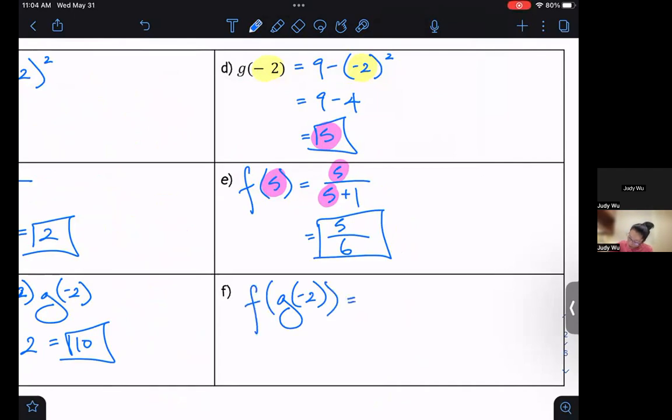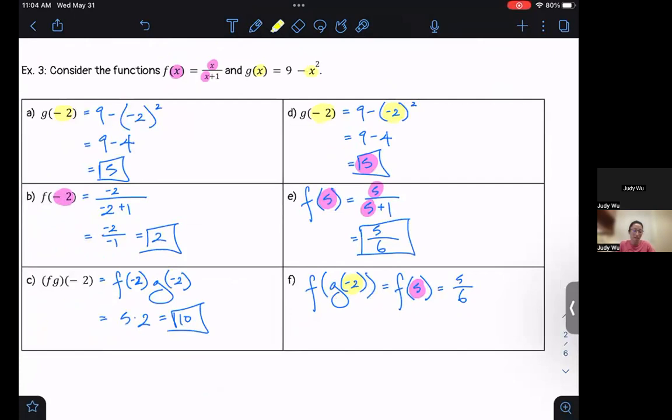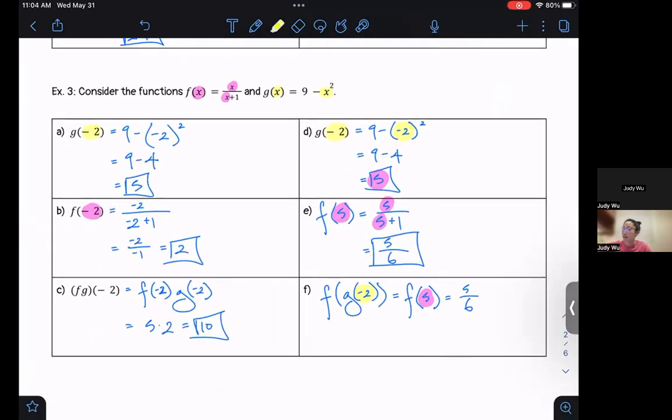This is the same thing as saying f of 5, which equals 5/6. So f of 5 and g of negative 2, that's what we put into the other function.